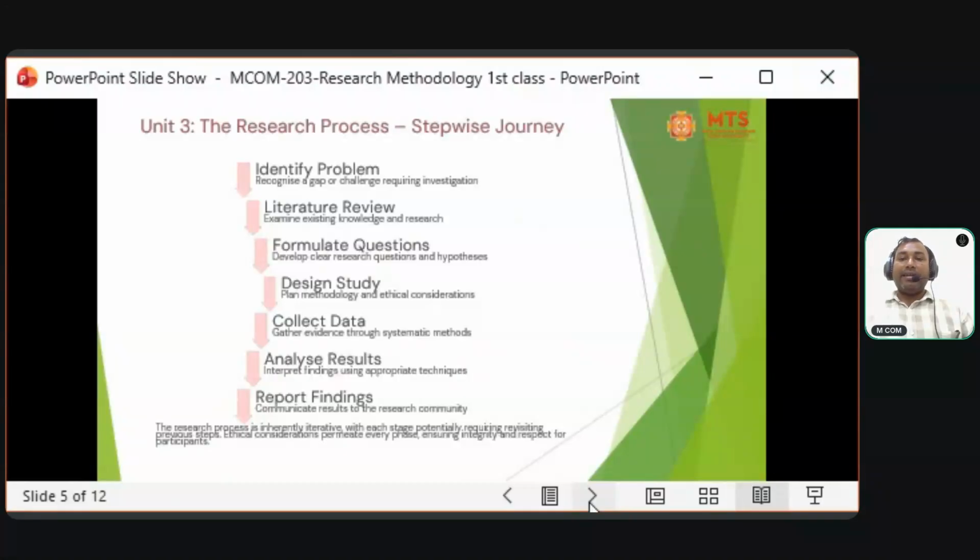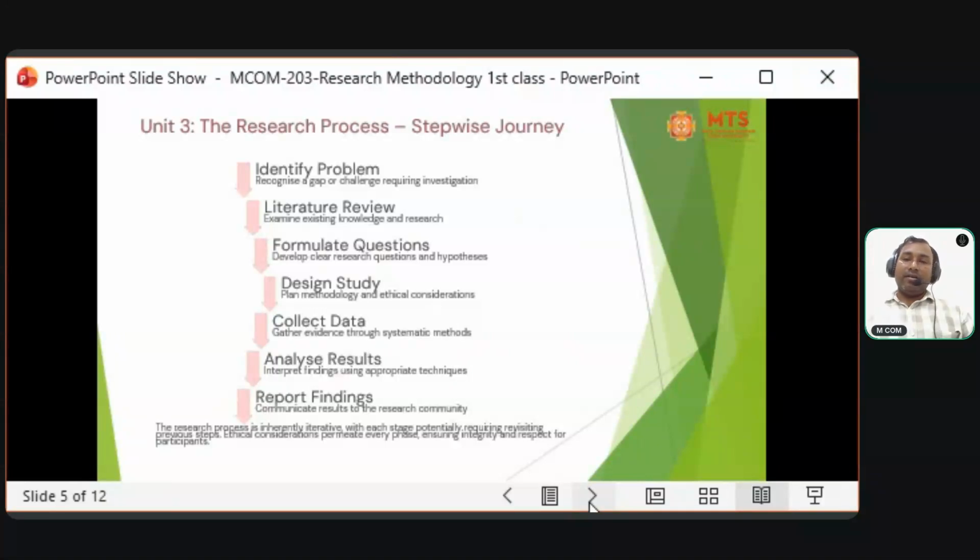Analyze the result, or data analysis, using statistical tools such as mean, correlation, regression, etc., and various tools to analyze the data.